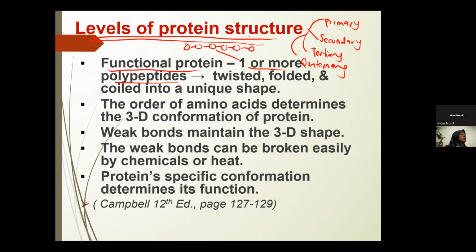Right? So, that is one polypeptide. Kalau more, mungkin ada 2, mungkin ada 3. Mungkin dia ada 2 lapis. Macam gini. This is 2 polypeptide chain kita panggil. 2 ke, 3 ke, 4 ke. Understand? So, functional protein has one or more polypeptides.